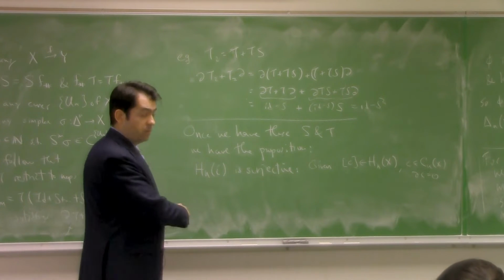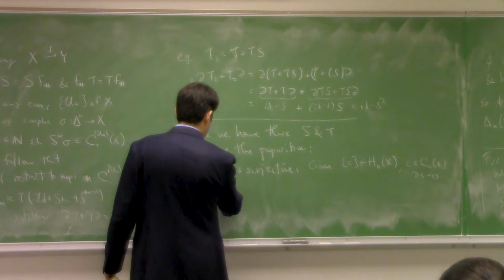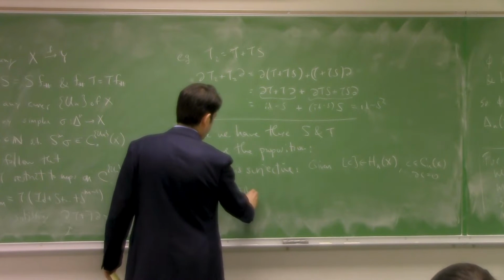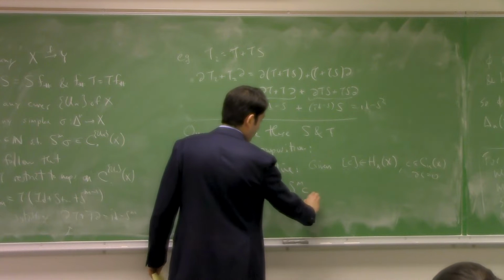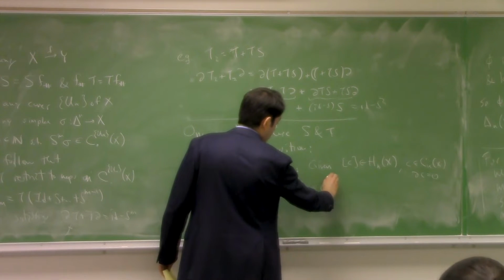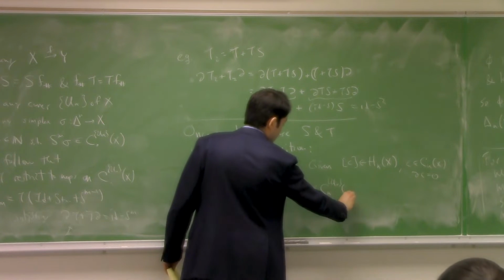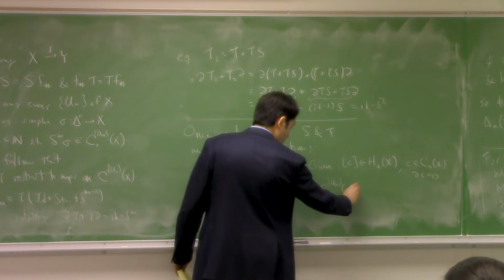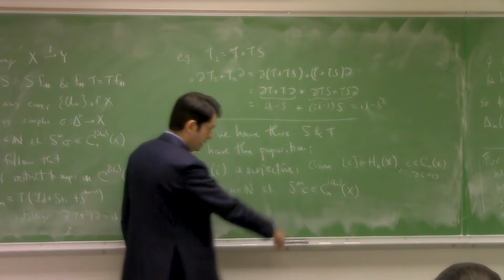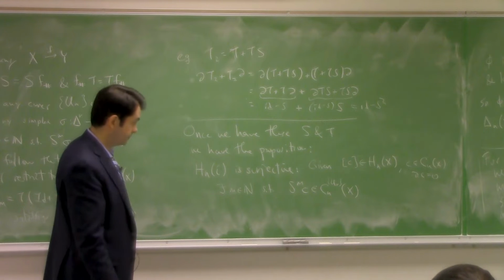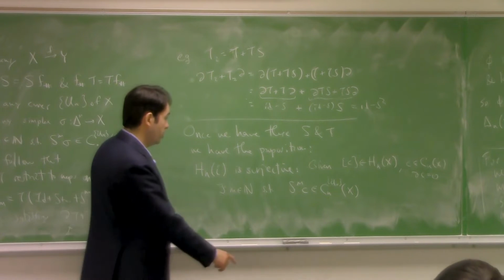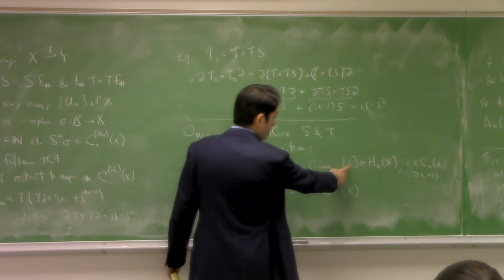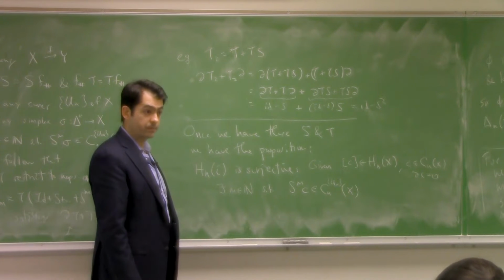Right? By assumption, there exists an m such that S^m of C is actually a chain in U alpha, in the chains corresponding to U alpha.